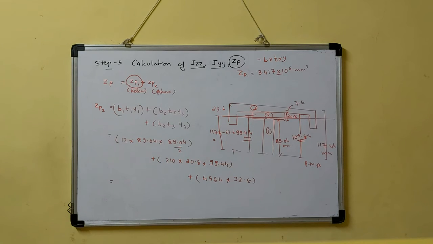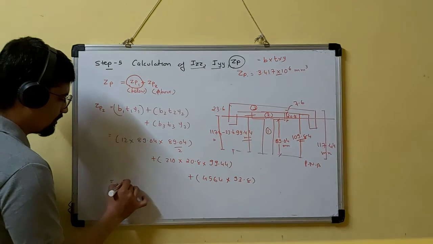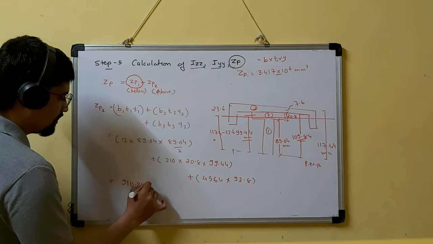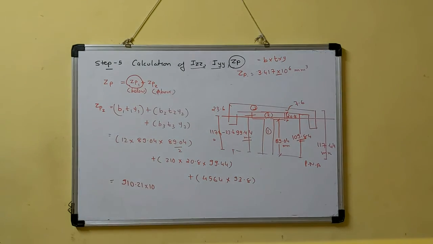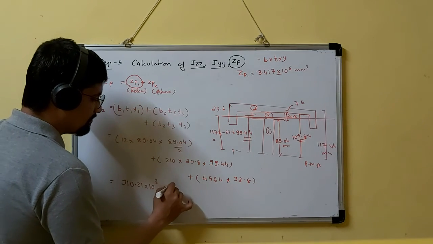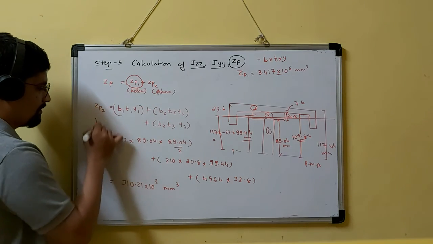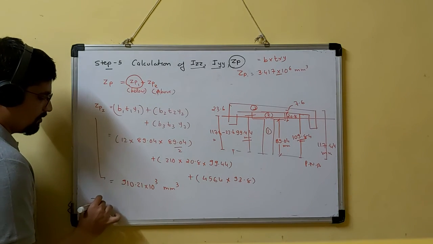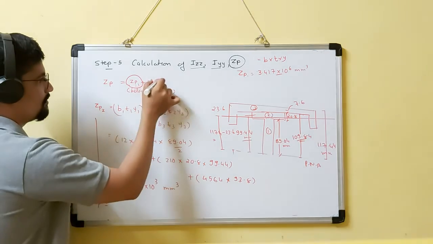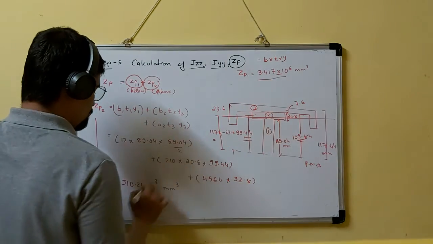So the ZP2 value will be 910.21 into 10 raised to 3 mm cube. This is the value of ZP2. Now the total value of ZP is the summation of ZP1 plus ZP2, means this plus this.